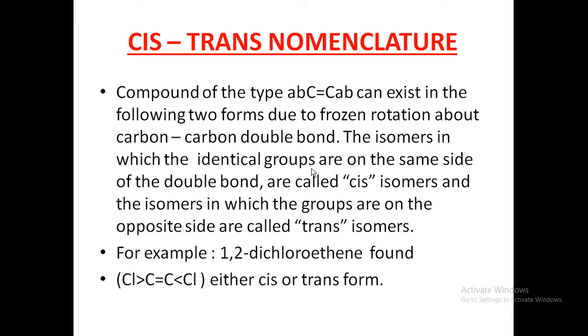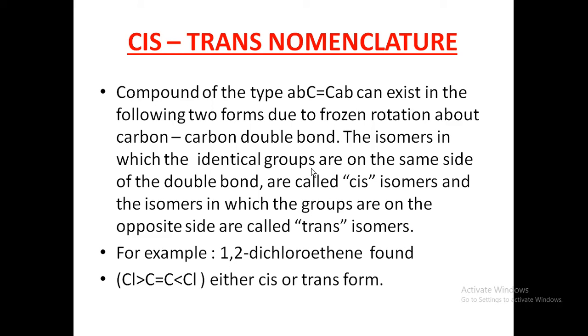Compounds of this type, that means in a carbon-carbon double bond, with both the carbon atoms, the same two substituents are attached. That means each carbon contains two different substituents, but these same two substituents are again attached to the other doubly bonded carbon atom. This form of molecules can exist in the cis-trans form due to their frozen rotation about the carbon-carbon double bond.